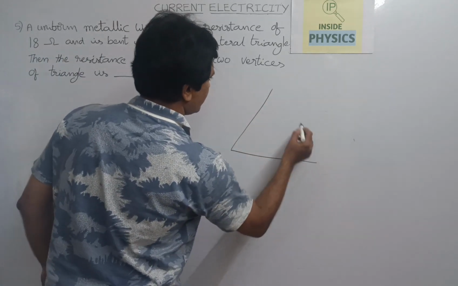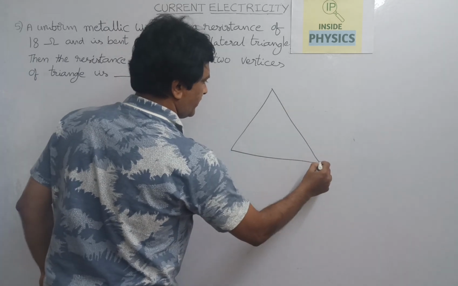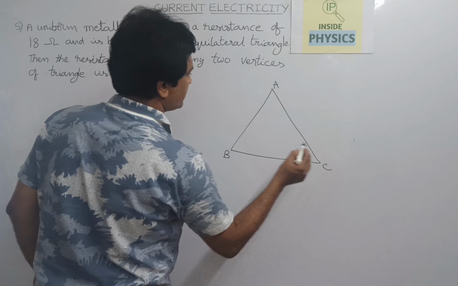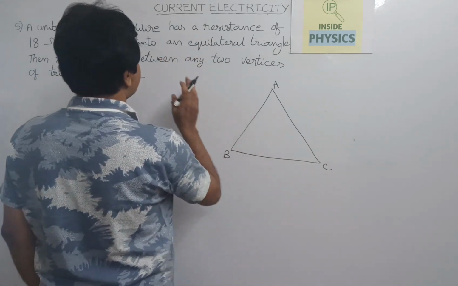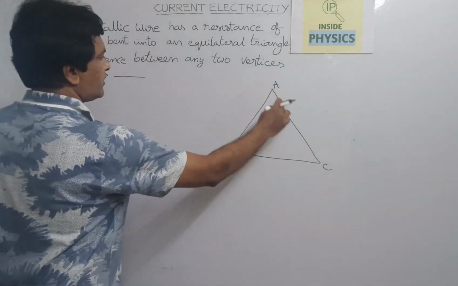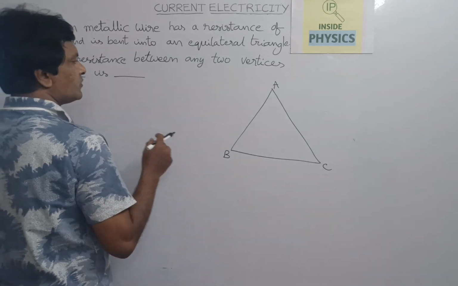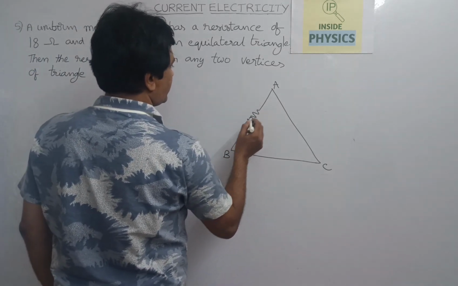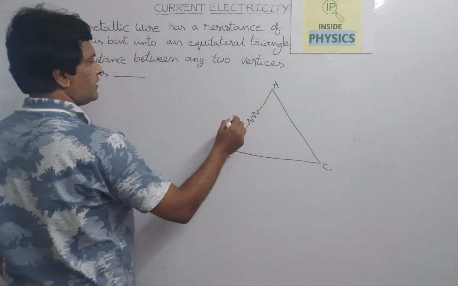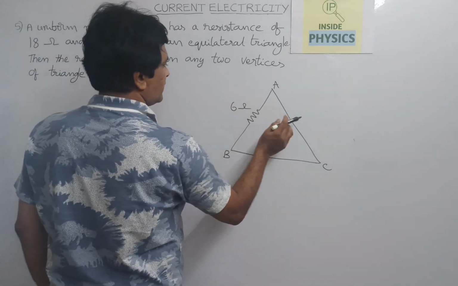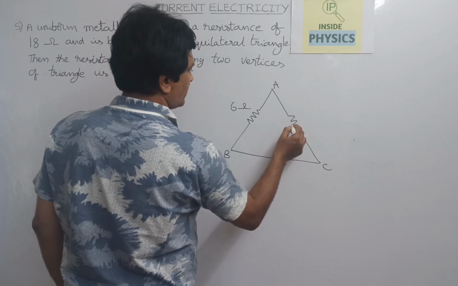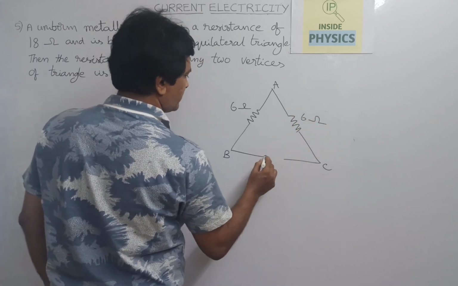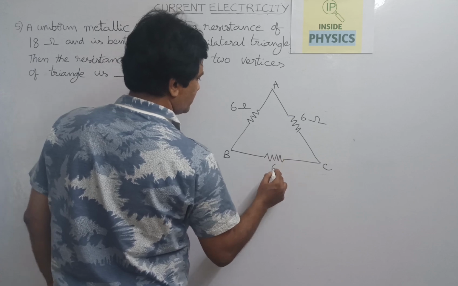So if you consider an equilateral triangle and name the vertices A, B, C, the resistance offered by the total wire is 18 ohms. So each side of the triangle, some part of this wire, will be 6 ohms, and this is also considered to be a 6 ohm resistor side, and this is also 6 ohms.